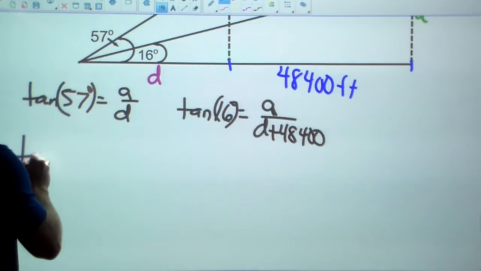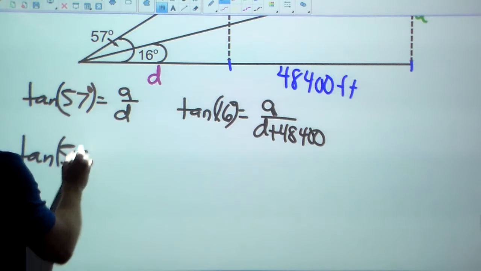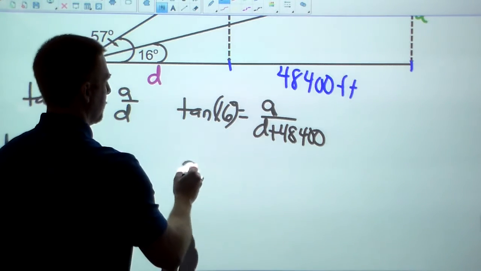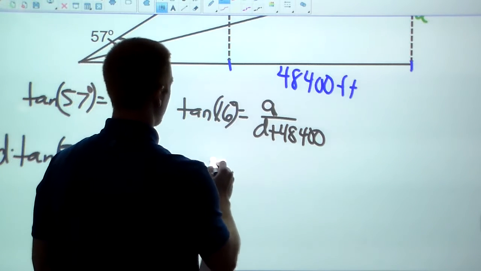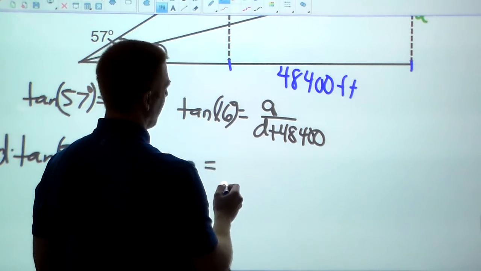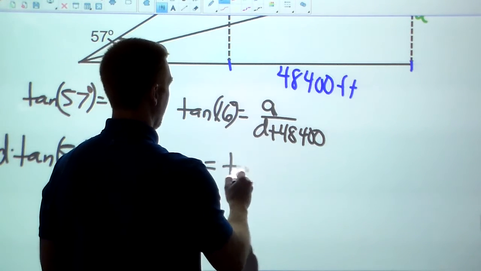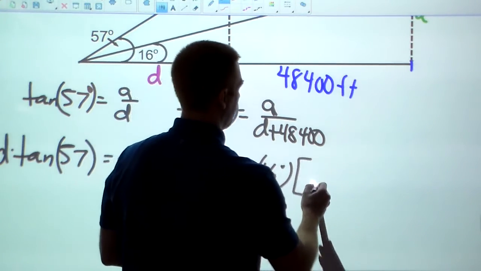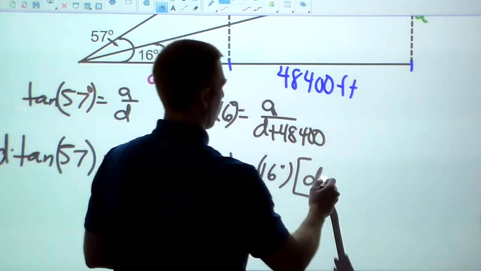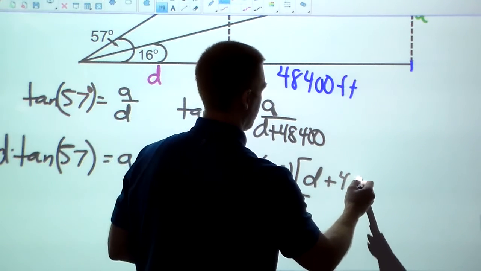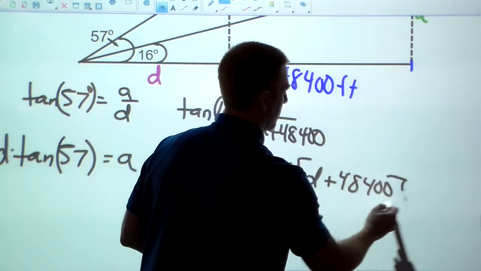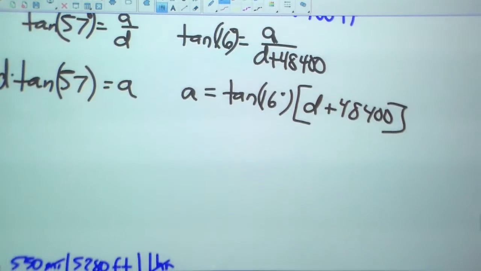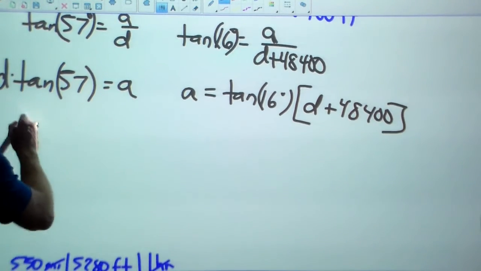So A is the same thing as tangent of 57 times D. And A is also D plus 48,400 times tangent of 16. I'll distribute it in a few minutes. But since those are both equal to A, they're both going to be equal to each other.